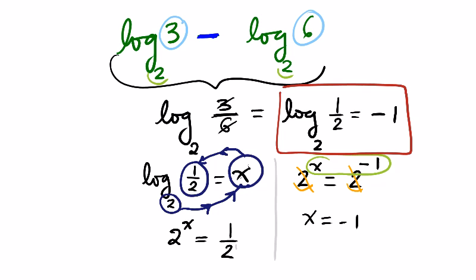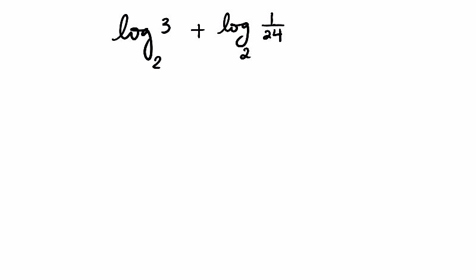If we wanted to look at another example, log of 3 in base 2 plus log of 1/24 in base 2. Same as before, because the bases are the same, we can apply the law of logs that says when 2 logs are connected with an addition, we can combine those 2 logs into one single log using exactly the same base.